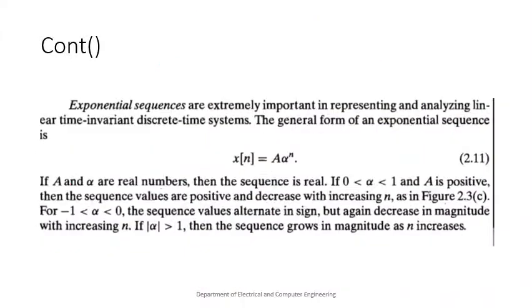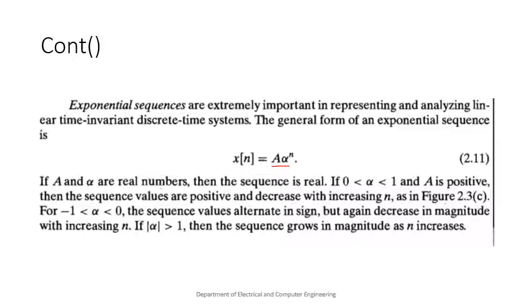Another important sequence is the exponential sequence, which is extremely important in representing linear and time invariant discrete signals. This is our exponential sequence in discrete time. A is some scalar, alpha is a real number, and n is our sequence number. So we need to know the values of A, alpha, and n.